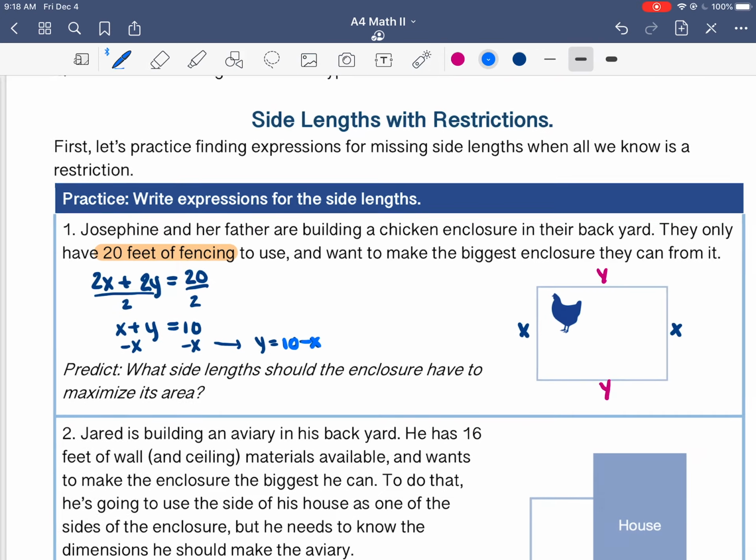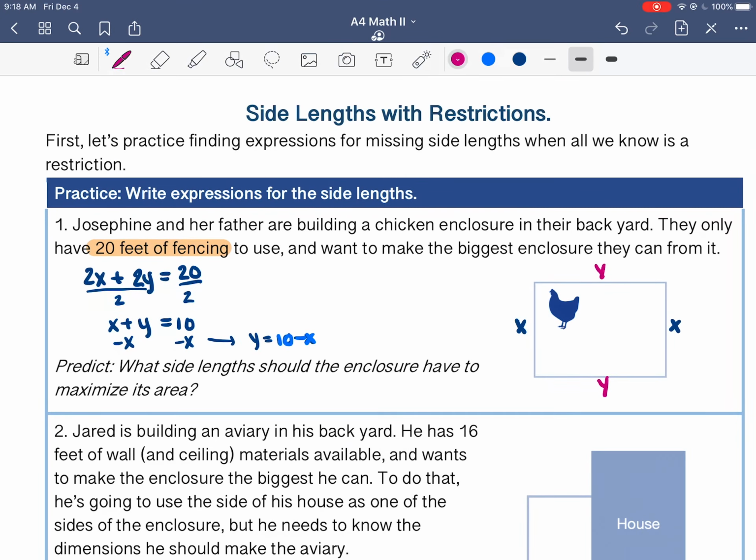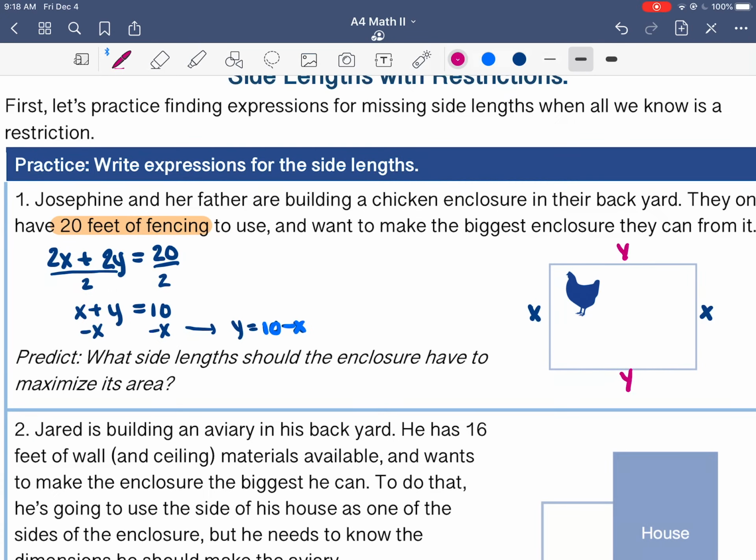So the rectangle, no matter how we do it, has one dimension that's x and one dimension that's 10 minus x feet. So these are our dimensions for our restricted rectangle, right?